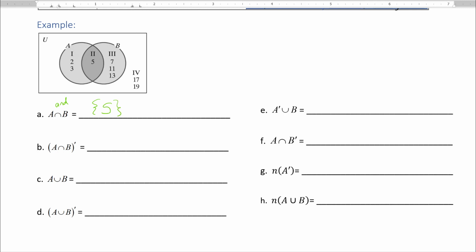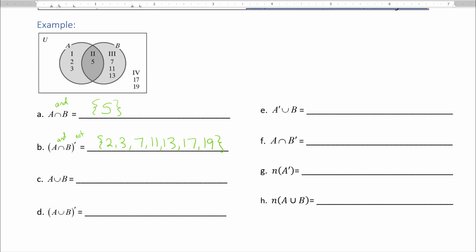Okay, so A intersect B prime, again that's an and, but we also have a prime here, so that's a not. So basically I can take the answer for A intersect B and then not it. So anything that's not in the section with 5. So that's 2, 3, 7, 11, 13, 17, and 19.